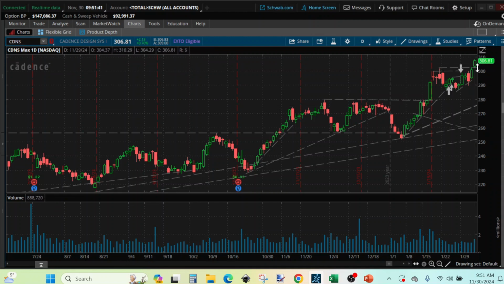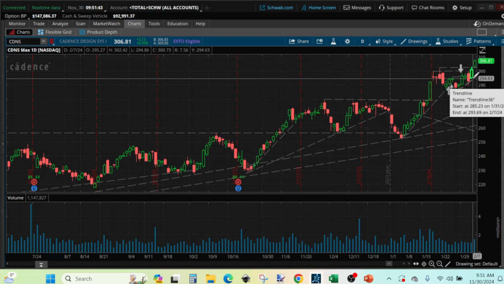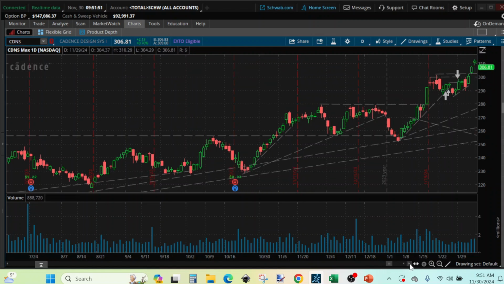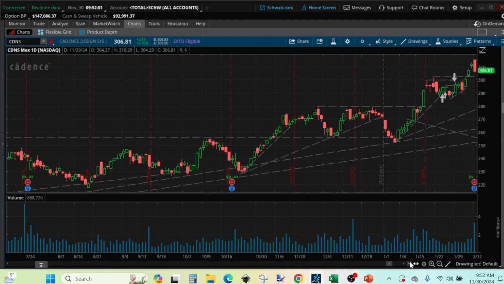So let's say you purchase it somewhere here around 294, so you'll have $5 profit, you should sell it. But maybe 3 days, if you want to go with your 3 days, the third day you should sell it based on our trading strategy. So let's see what will happen. You see, the next day it pulled back.